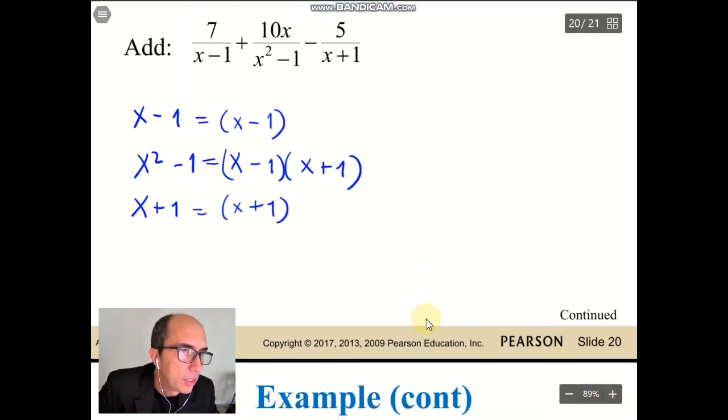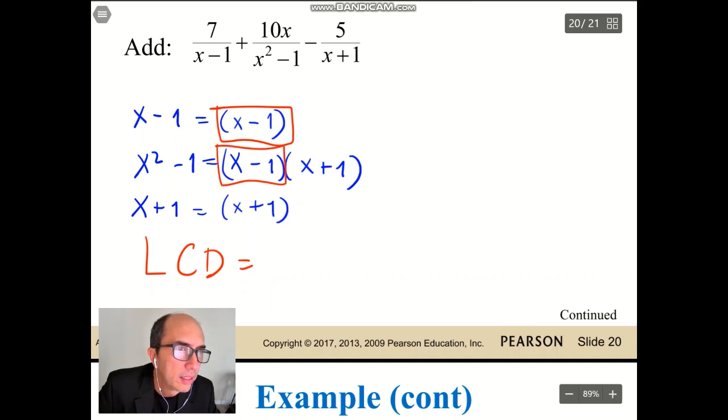Calculating the least common denominator. Unique factors, x minus 1, we have it here and there, and the second denominator, we just write it once. And the x plus 1, we have here on the second denominator and on the third denominator, and we just write it once.